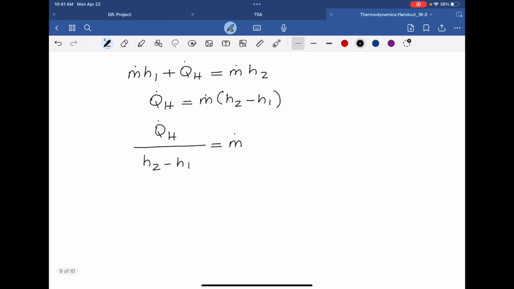Of course, here the heat transfer rate to the boiler is given, or I mean we calculated it, but the enthalpies at the inlet and exit you need to look up in the tables, because at the entrance of the boiler it is saturated liquid water at 350 kilopascal, and you need to look at the tables for water and read H1, which is equal to HF.